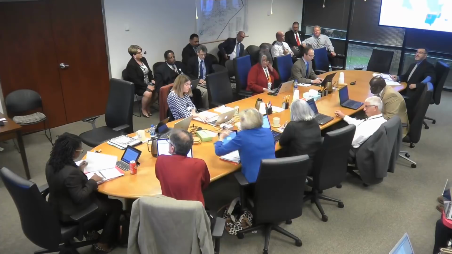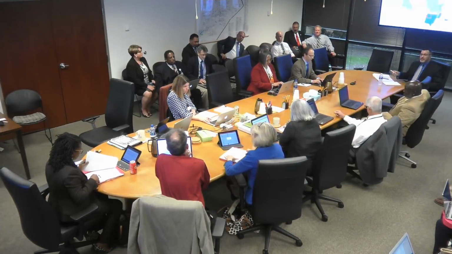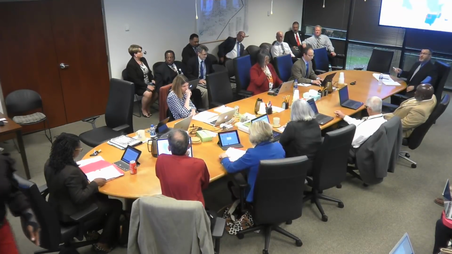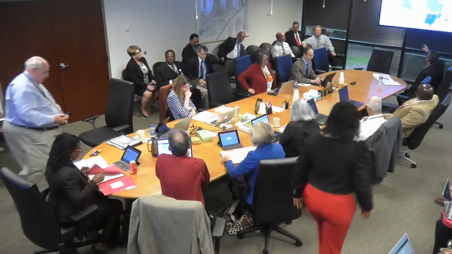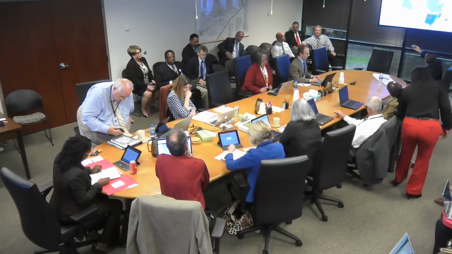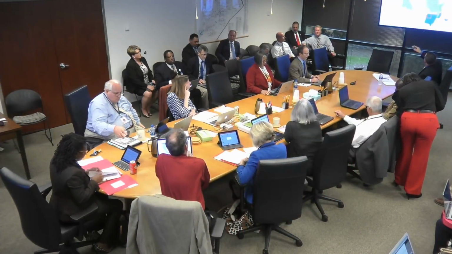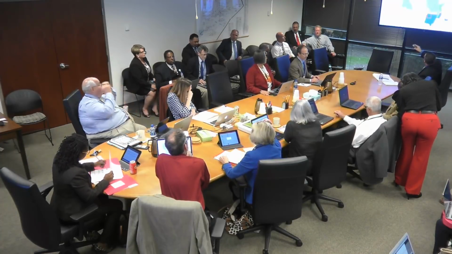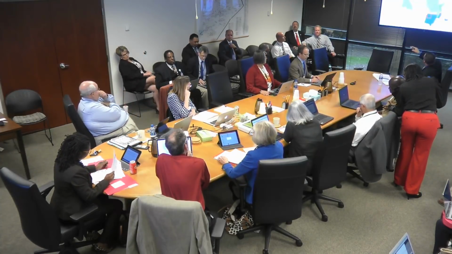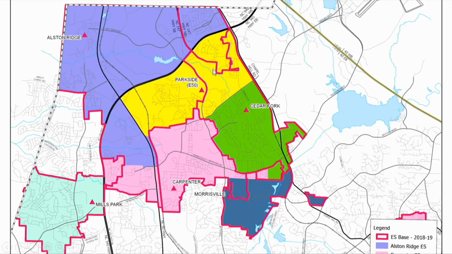So when we look at the draft 2 map of Parkside Elementary, you can see the new base attendance area here in yellow. We're trying to provide a proximate school for these students coming out of Alston Ridge, these students coming out of Cedar Fork, and these students coming out of Carpenter.